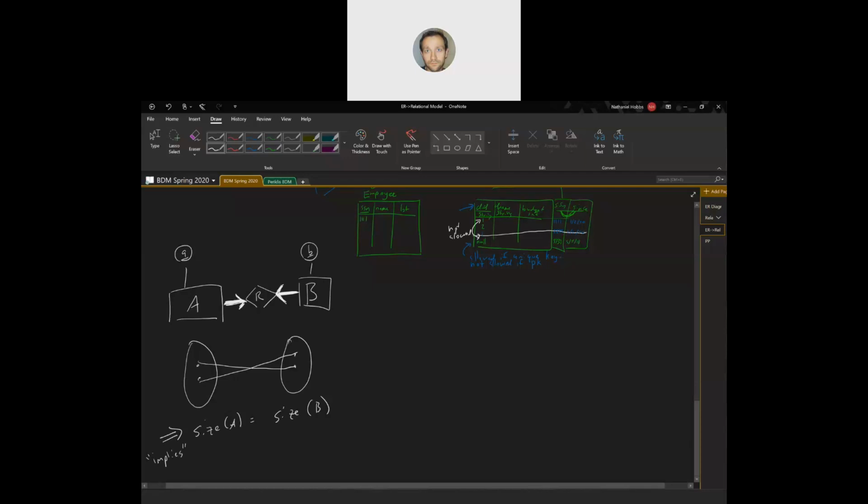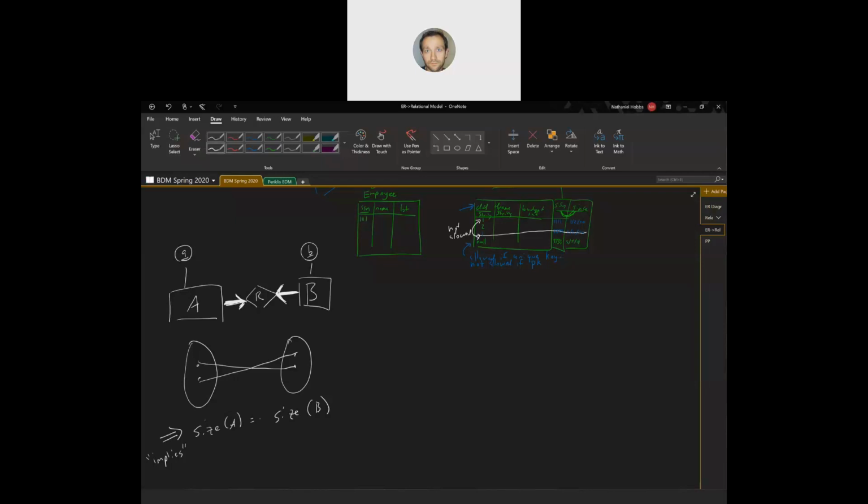That means it's an implicit constraint. I'm not codifying this anywhere, saying that it has to be this way. This is a consequence of having this type of one-to-one relationship. Okay.